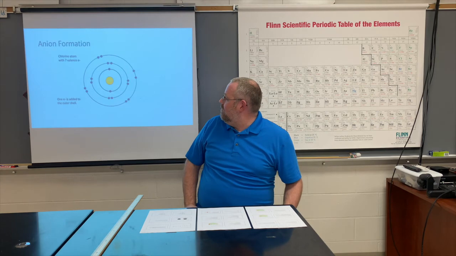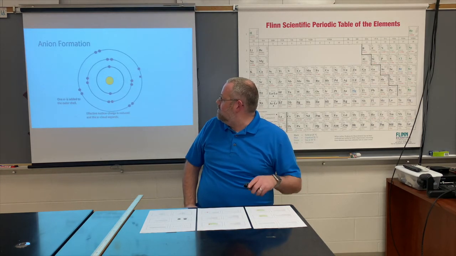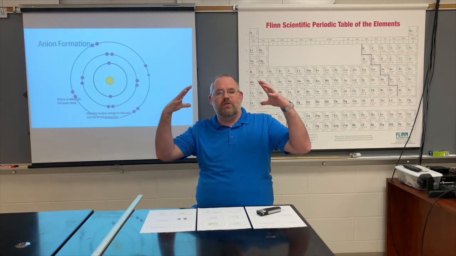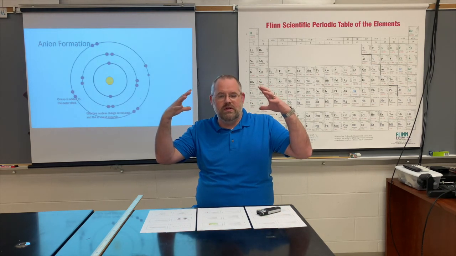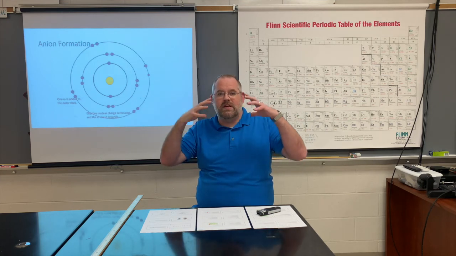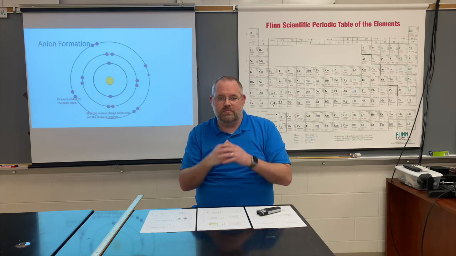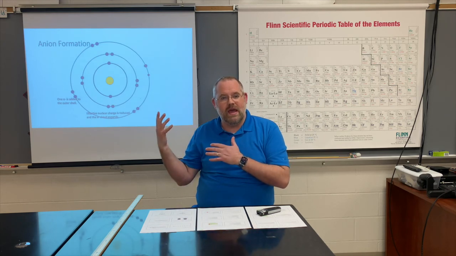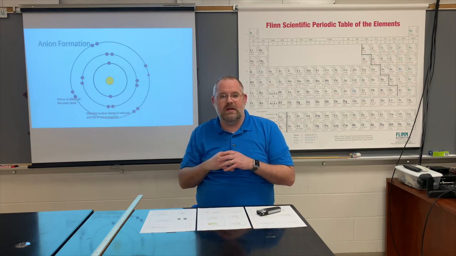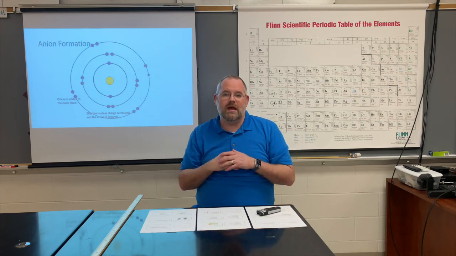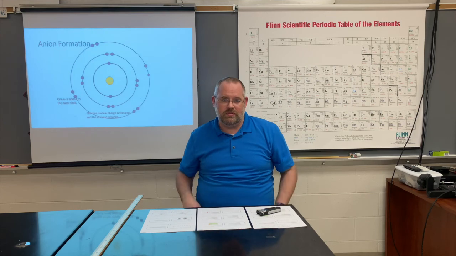So the other thing that happens is this atom is going to grow. The nuclear force is being pulled out from the electrons. So the atom itself, the ion, is bigger than the original, okay? And that's why that happens with anions. So anions are always larger than the original, and cations are always smaller than the original, okay?